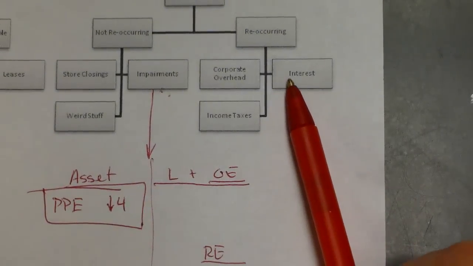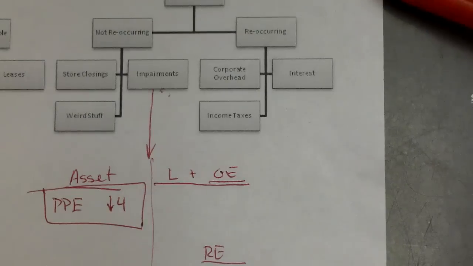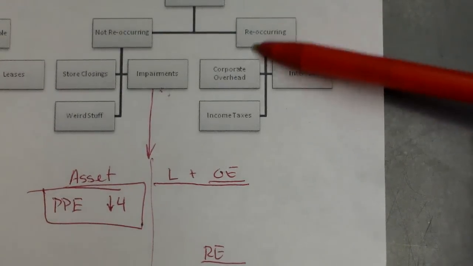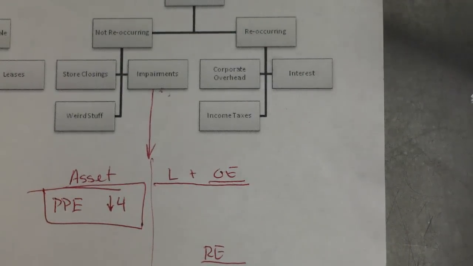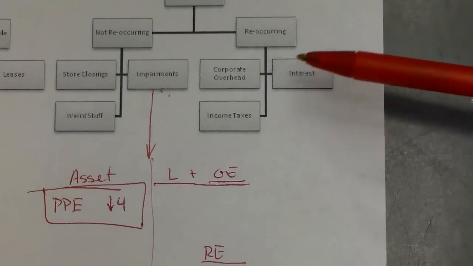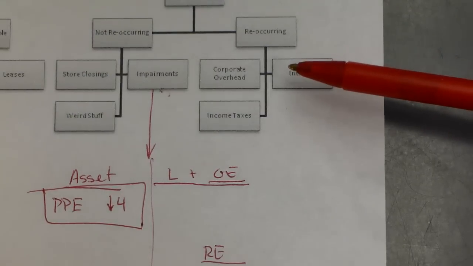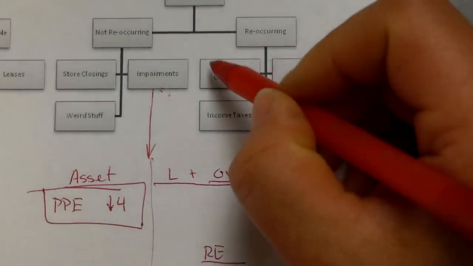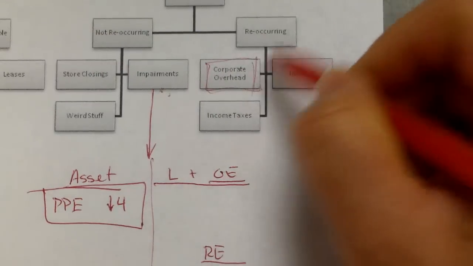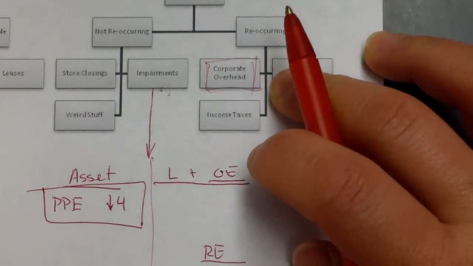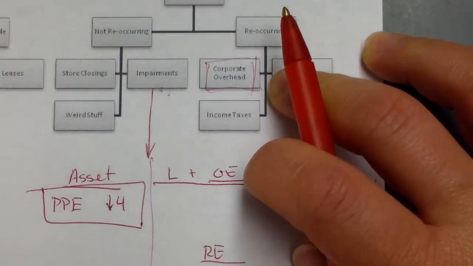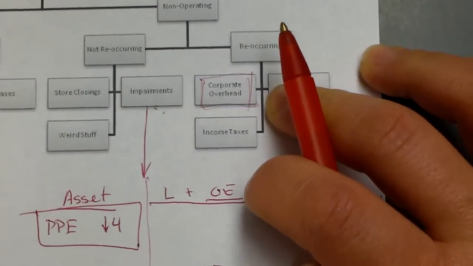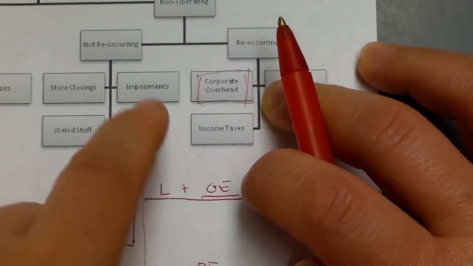Okay, so on the reoccurring side, things that will constantly happen to our company, but have no bearing on how well we make our burritos, or whether or not we can make our burritos, is really corporate overhead. Okay, so think of, well, Chipotle is not really a franchise organization.